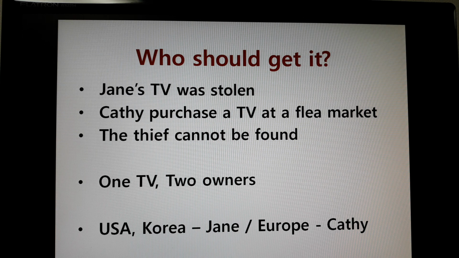So if Kathy is just a naive buyer at the flea market, then the burden would be more on the expert Jane, because the expert can prepare the security system better than the normal person. So it's only fair to give a little favor to the normal person against the expert. If one party is an expert and the other party is a normal person, that makes beautiful sense for economists, because that is an efficient rule.